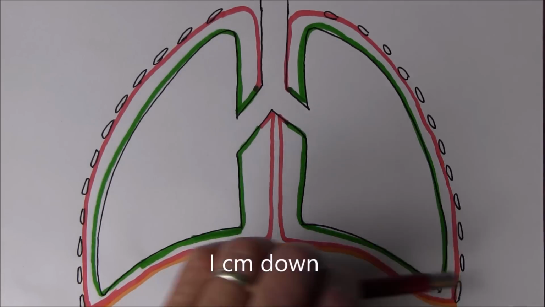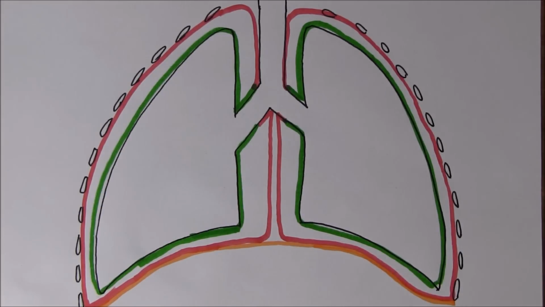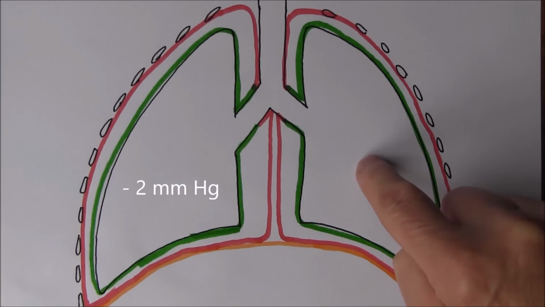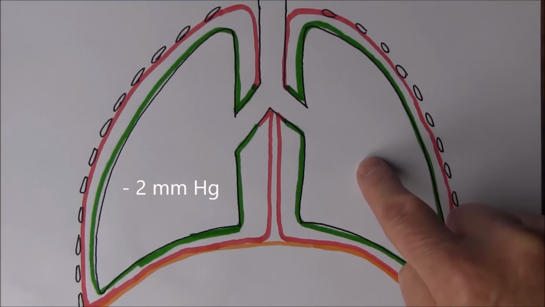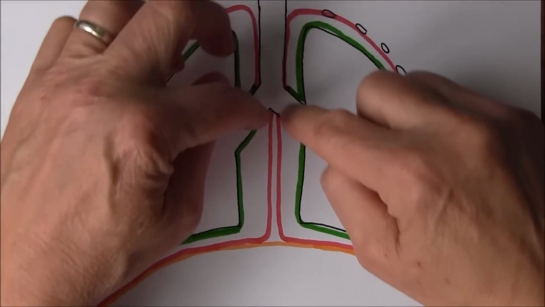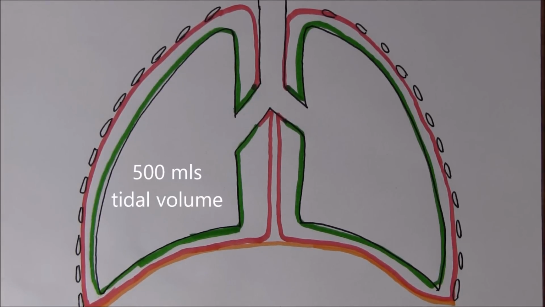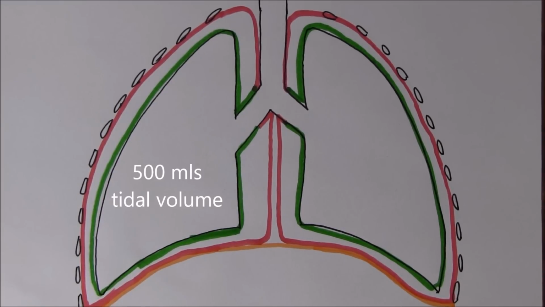And that is going to reduce the pressure in here, in the lungs, the intrapulmonary pressure, by 1 to 3 millimetres of mercury. Let's say about 2 millimetres of mercury. And that's going to mean about 500 mils of air is going to come in to equalise the pressure. And that is the normal tidal volume, about 500 mils of air.